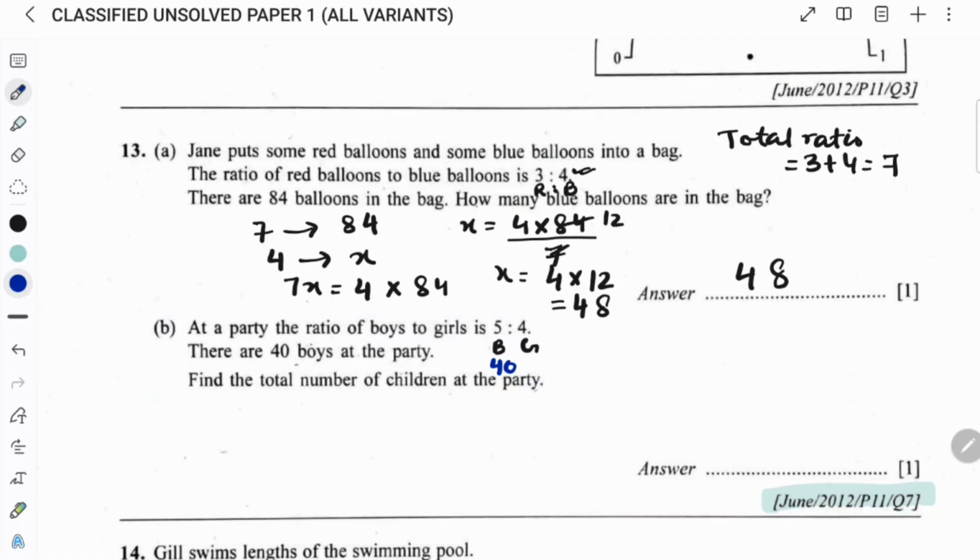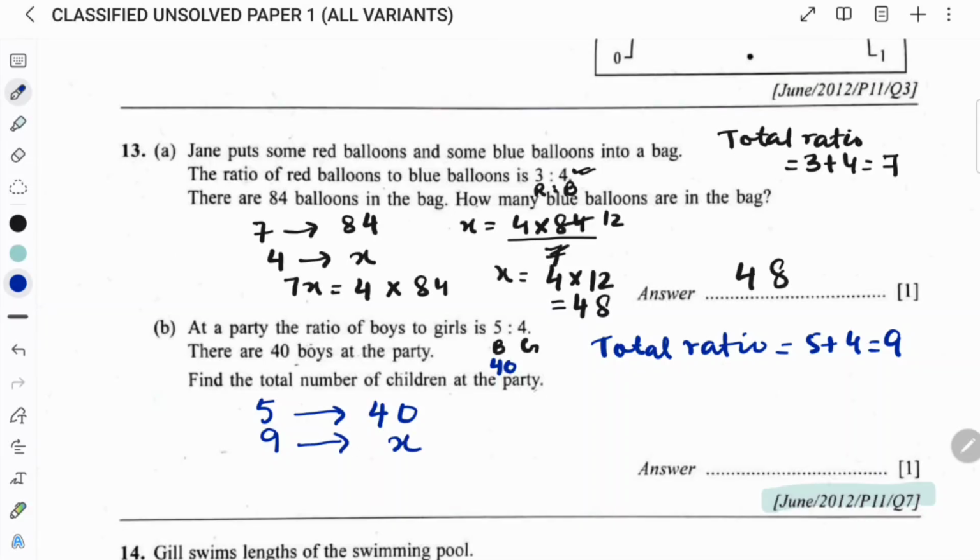For 5 to 4, the total ratio is 5 plus 4, which equals 9. So 5 is the ratio for boys, and the number of boys is 40. 9 is the total ratio, and they are asking you to find x. This way you will find the answer directly. Otherwise, 5 eights are 40, so 9 eights are 72.